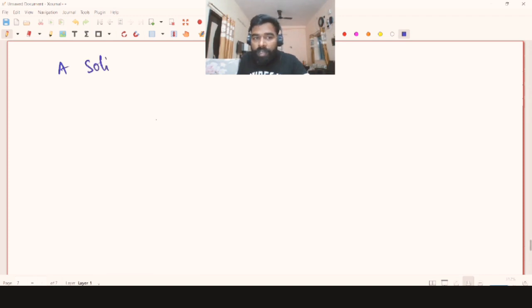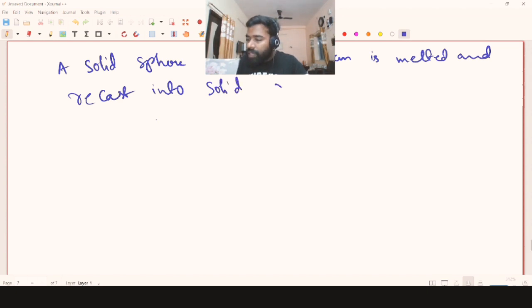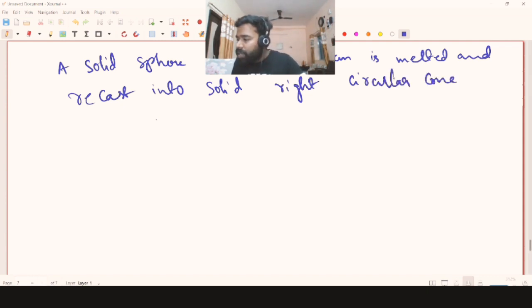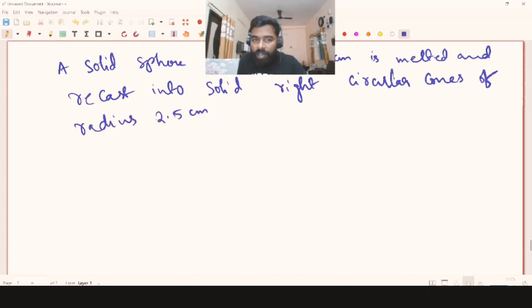A solid sphere of radius 15 centimeter is melted and recast into solid right circular cones of radius 2.5 centimeter and height 8 centimeter. Calculate the number of cones.